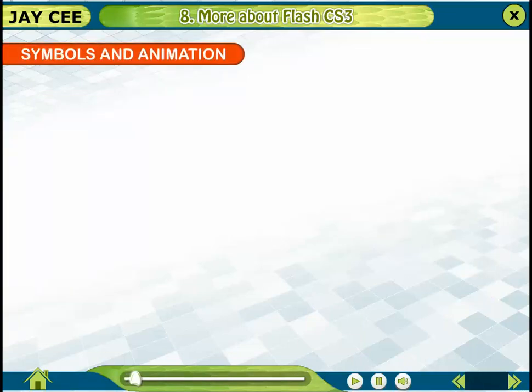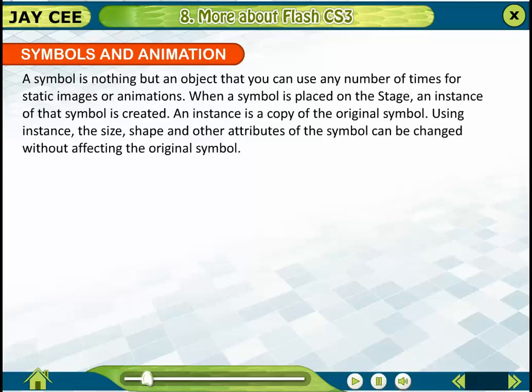Symbols and animation. A symbol is nothing but an object that you can use any number of times for static images or animations. When a symbol is placed on the stage, an instance of that symbol is created. An instance is a copy of the original symbol.